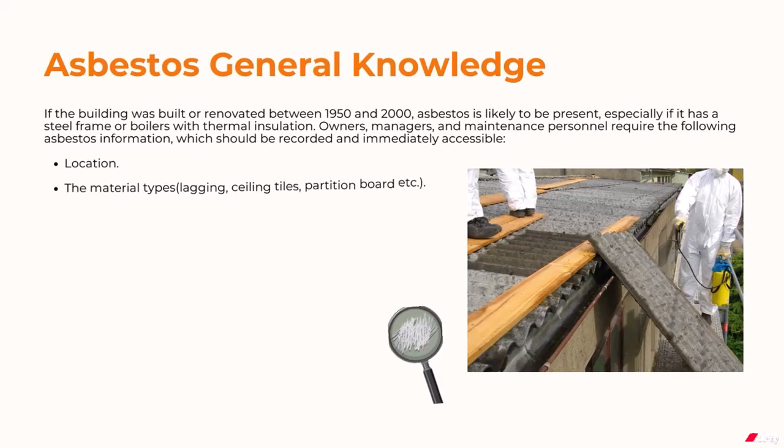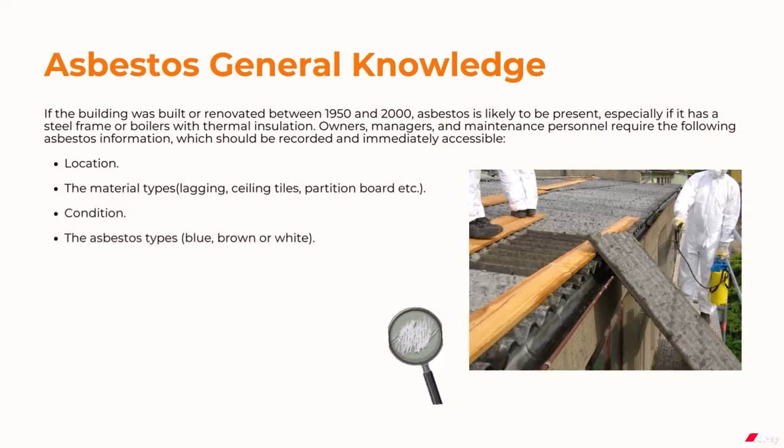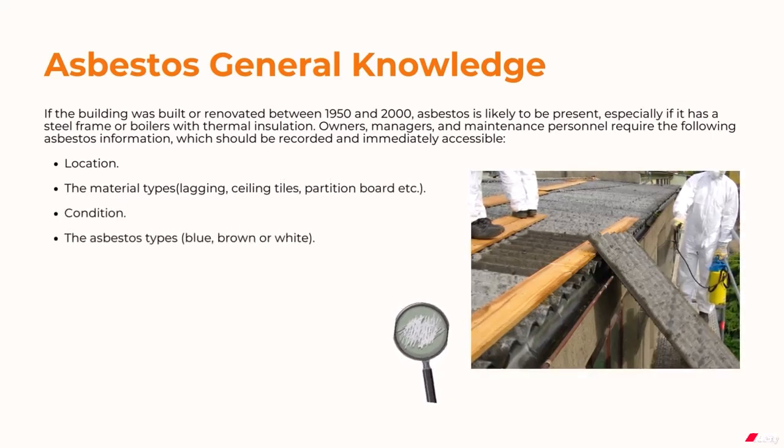Asbestos general knowledge. If the building was built or renovated between 1950 and 2000, asbestos is likely to be present, especially if it has a steel frame or boilers with thermal insulation.